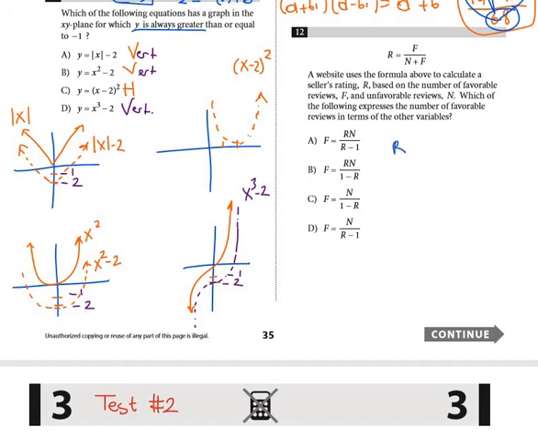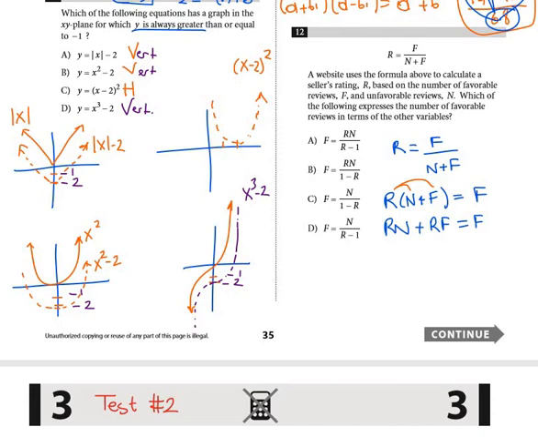Our first step is to cross multiply. If we cross multiply, we're going to obtain R times (N plus F) is equal to F. Now we're going to distribute R into the parentheses. So we get Rn plus Rf is equal to F.